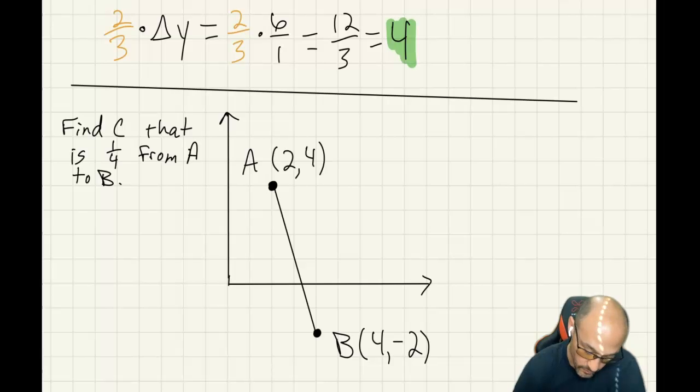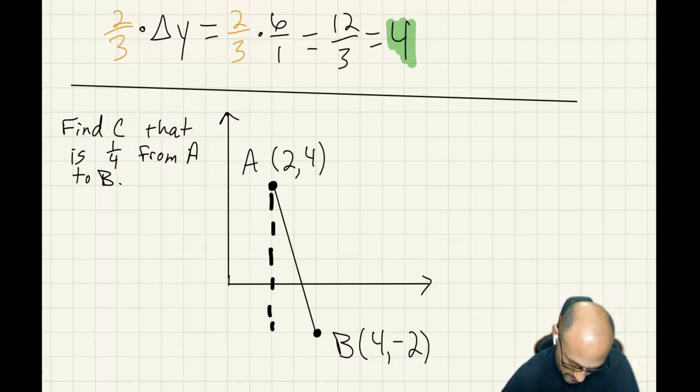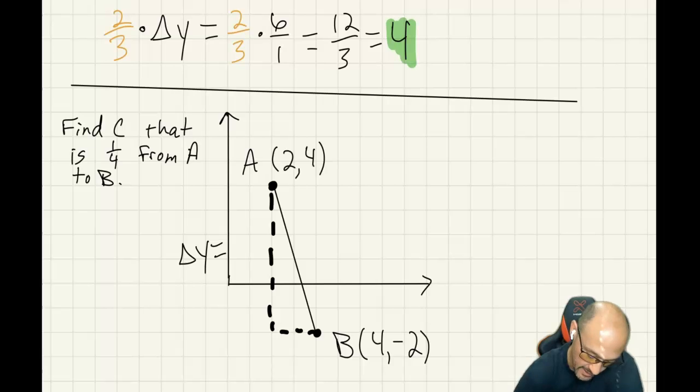So what we need to do then is remember that we're looking at this triangle where delta y is equal to, well, we're going down since we're going this direction, so it's going to be a negative. -1, 2, 3, 4, 5, 6. -6.